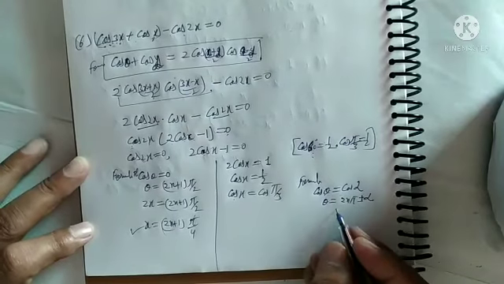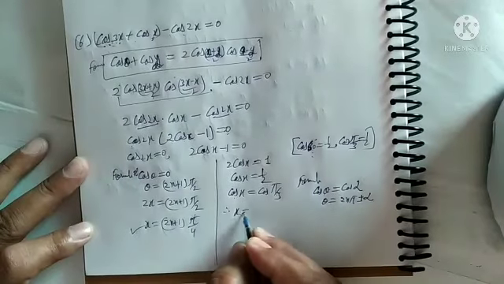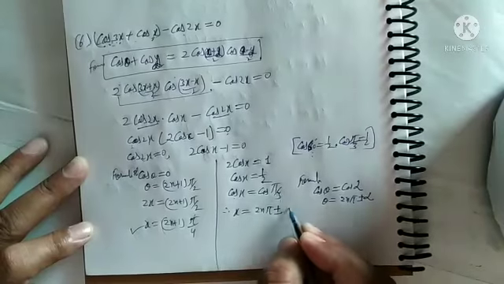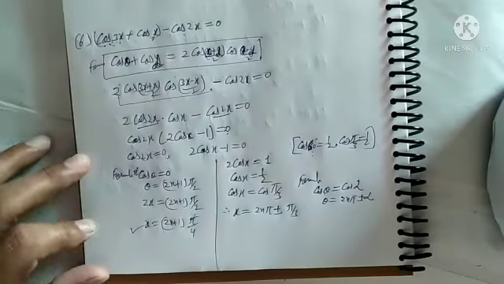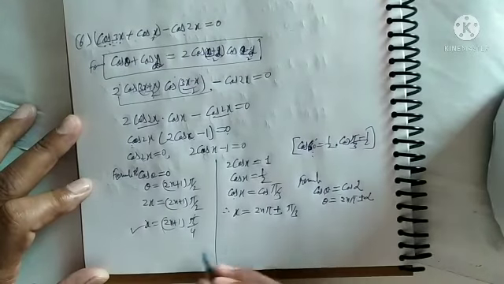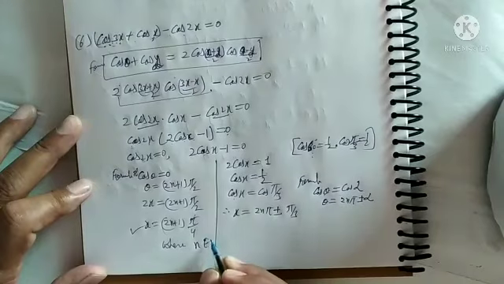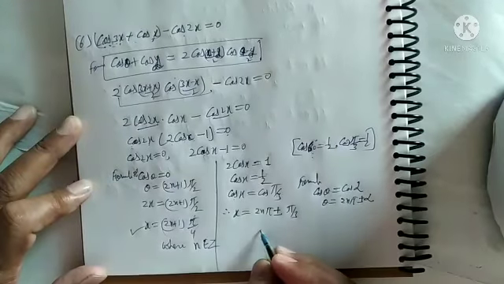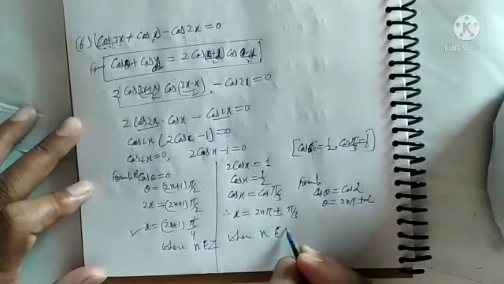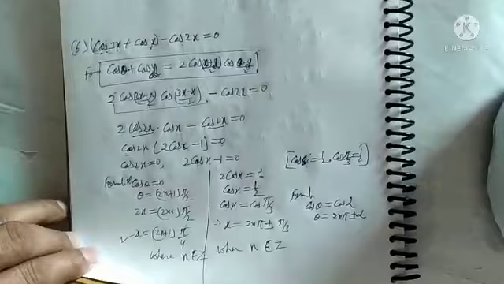So here x is theta, and alpha is pi upon 3, so x equals 2n pi plus or minus pi upon 3. This is the second solution. In both cases n belongs to integers. So the fifth and sixth questions we have done easily.